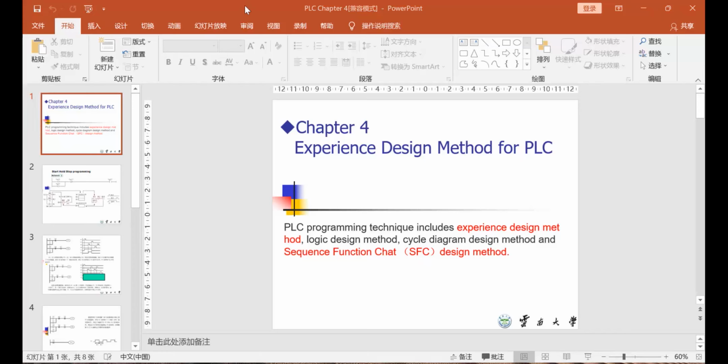So if you have some questions, you can use translation software to do this.